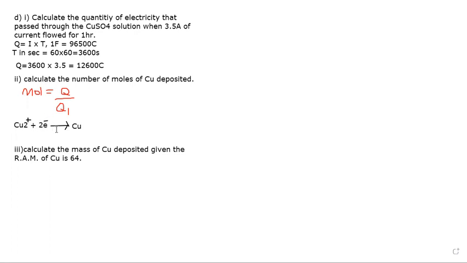So that is the amount of charge used to form 1 mole of copper based on this balanced half equation. So if it takes that amount of charge to form 1 mole of copper, how many moles will 12,600 coulombs provide?